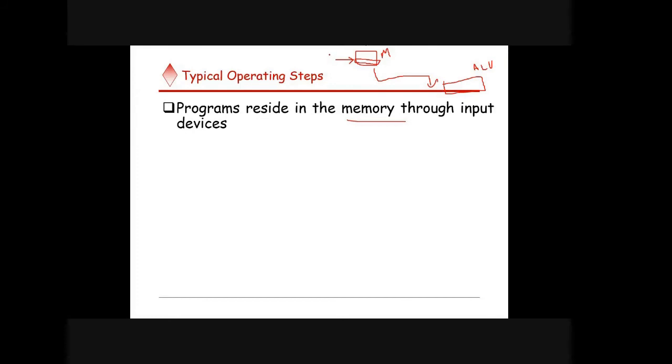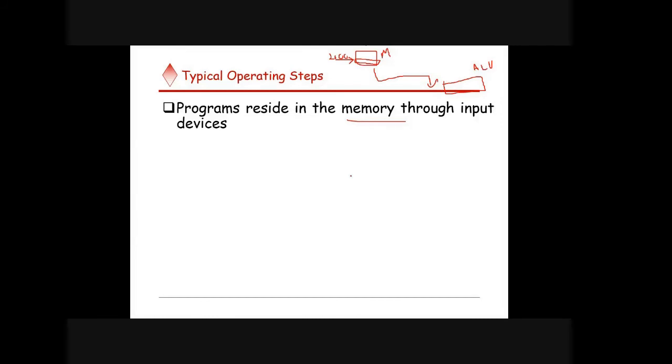For example, it gives 2000 as the address. That address is transferred from the processor to the memory unit, so that the memory unit will fetch the corresponding instruction and transfer it to the ALU for execution. That is the complete overview.